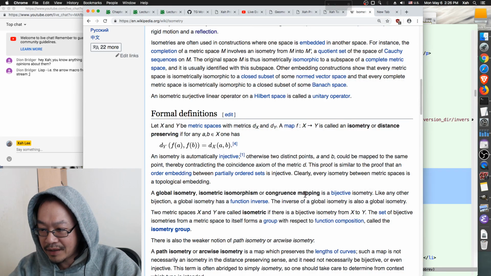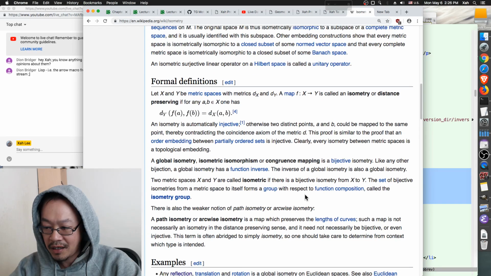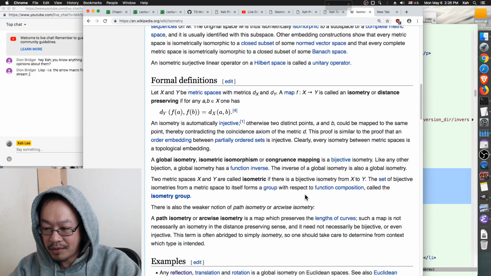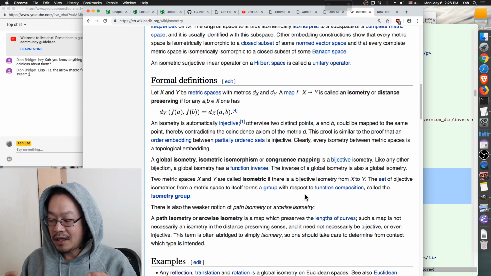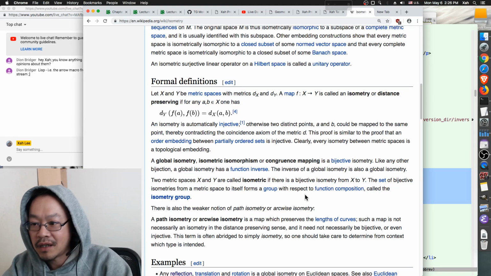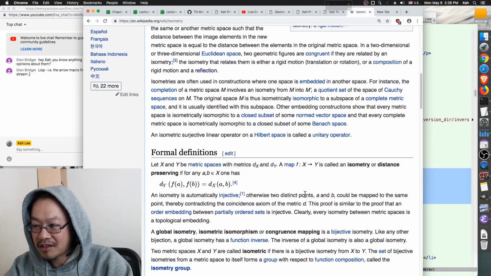But I do not see it listed in Wikipedia because this article is general, so you have to go to the article that talks about isometry in the Euclidean plane, because Wikipedia becomes larger and larger.